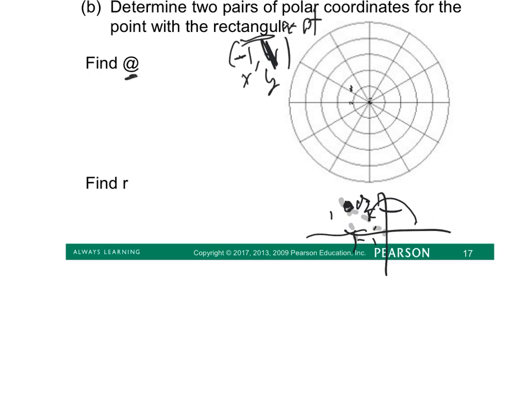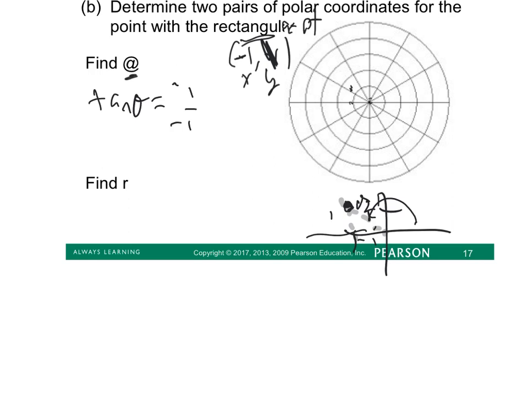So tangent of theta would be my y over my x, which is 1 over negative 1. So we already know that theta has to be a multiple of 45 degrees. I'm going to use radians, it's just easier. Okay?